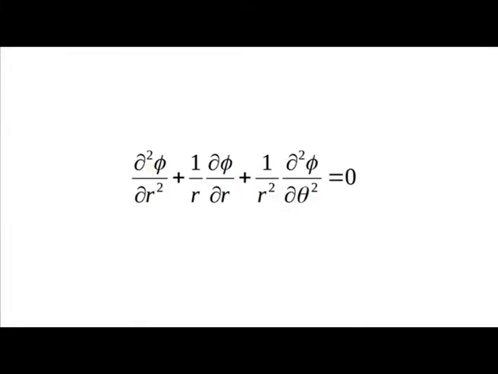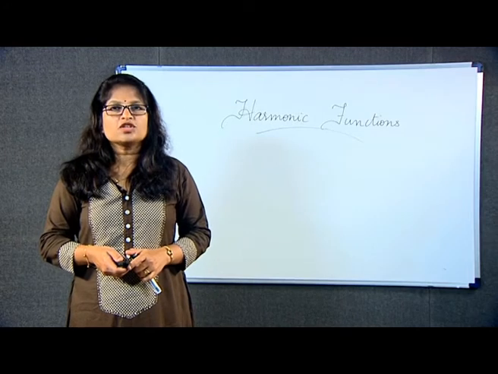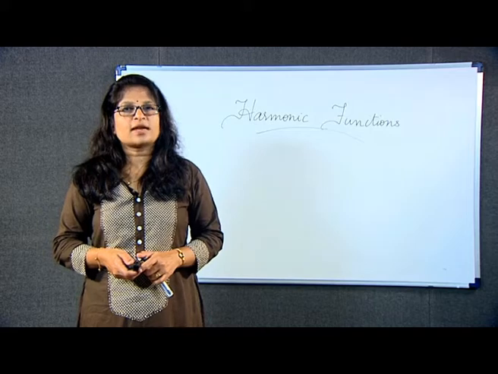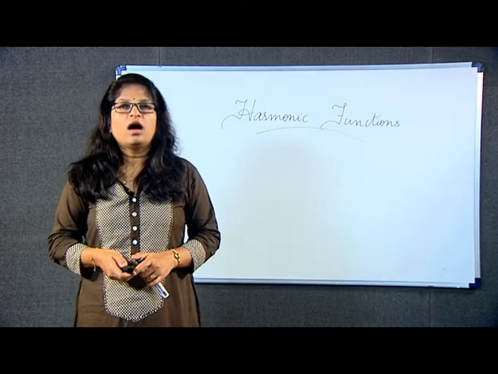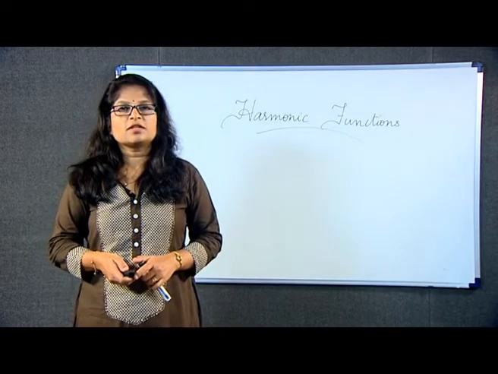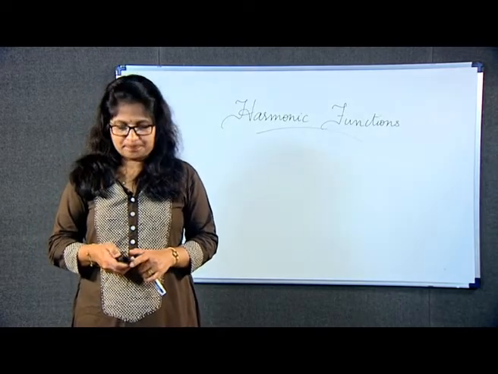That is the Laplace equation in polar form, which is given by ∂²φ/∂r² + (1/r)∂φ/∂r + (1/r²)∂²φ/∂θ² = 0. So, when I give you a function in the polar form, you check whether the Laplace equation in the polar form is satisfied, together with all the partial derivatives of the first and second order being continuous with respect to r and θ.